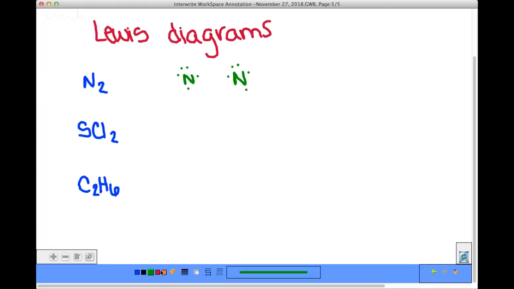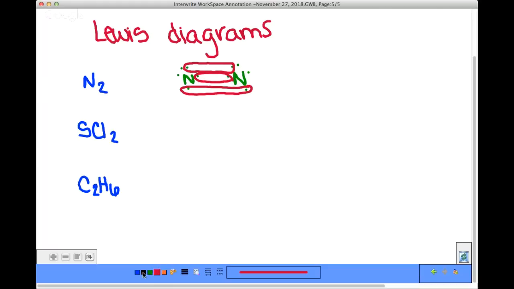Remember that these want to form bonds in order to have an octet, which means 8. So these 2 electrons are going to get paired up and form a bond. These 2 are going to get paired up and form a bond. And then these 2 are going to get paired up. Notice that I have to form 3 bonds.